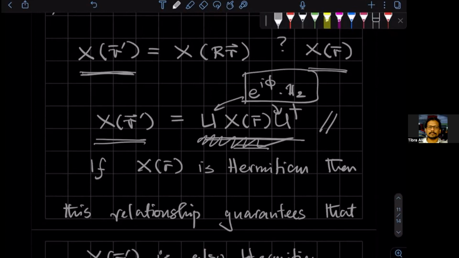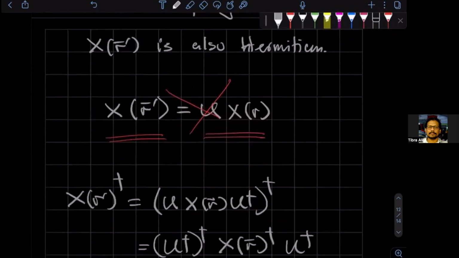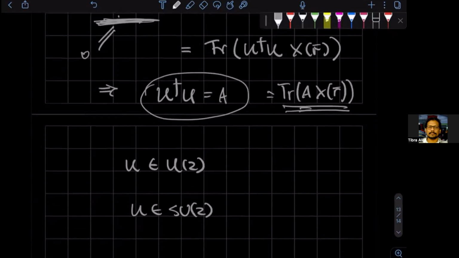So they don't really do anything. They don't really have a non-trivial action on X, right? Because it's just an identity matrix times a phase, and they cancel each other out. So we can take U to be SU2.